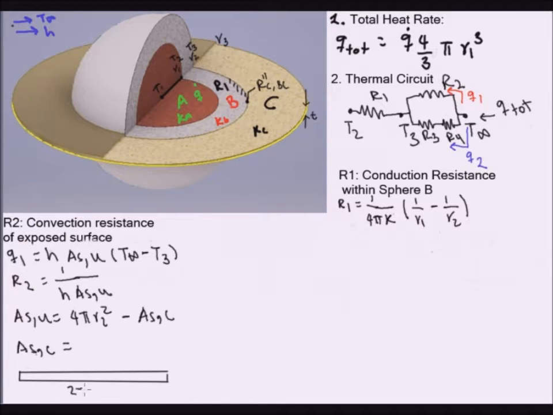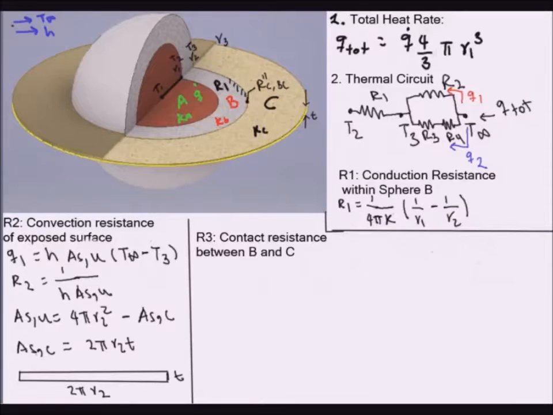So it would be 2πR2, right, times the thickness or the height of the wall. So the total area is just 2πR2 times t. And so we could insert this in this equation, but for now let's leave it like that. We already know how R2 looks, and now we can move on to R3 and R4.